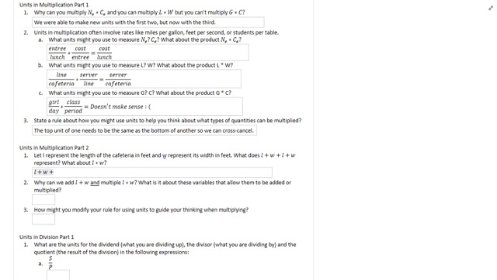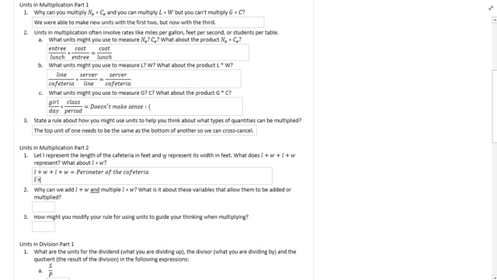Really what I'm doing is I'm counting the lengths around the whole cafeteria, which is a fancy way of saying the perimeter of the cafeteria. Whereas L times W, if you remember your geometry, represents the area of the cafeteria.